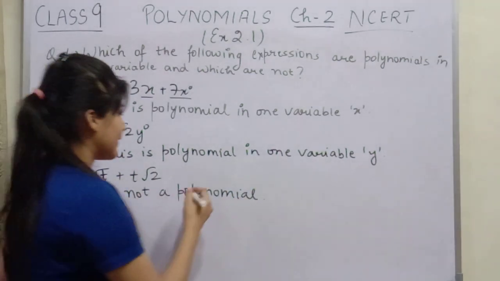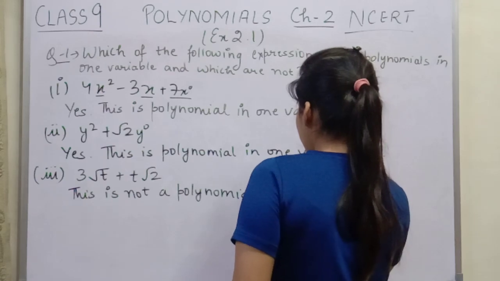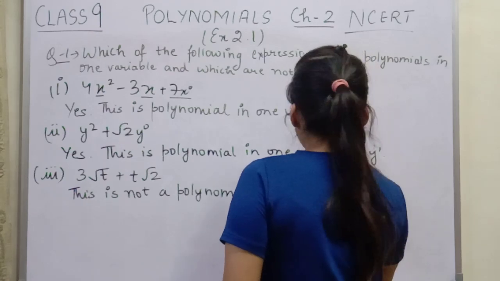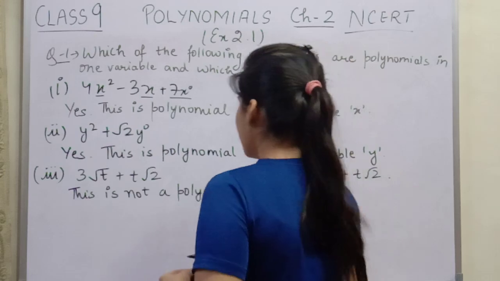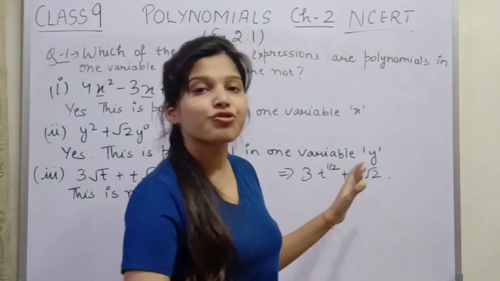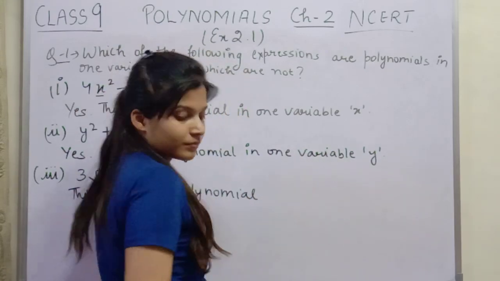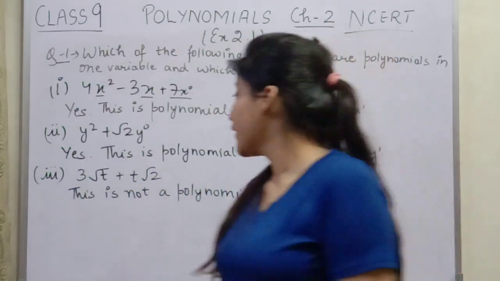Because if we write this again, it becomes 3t to the power half plus t root 2, which is not possible. The power of t has become half, but the power of t should be a whole number. Okay, so this was the third part.